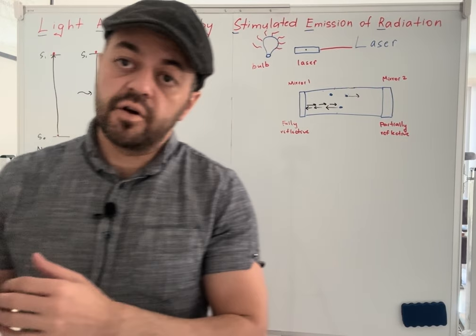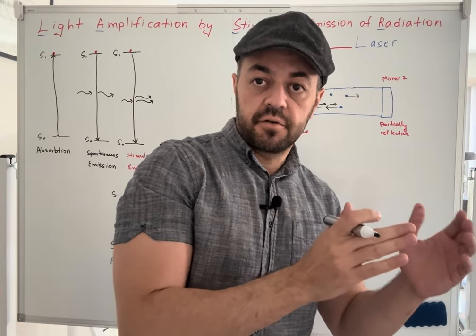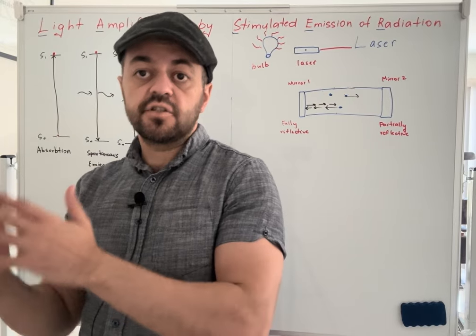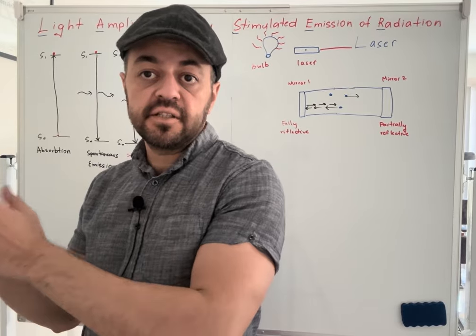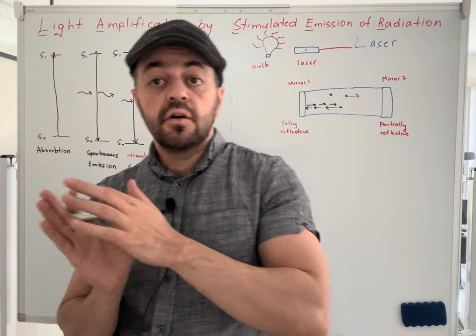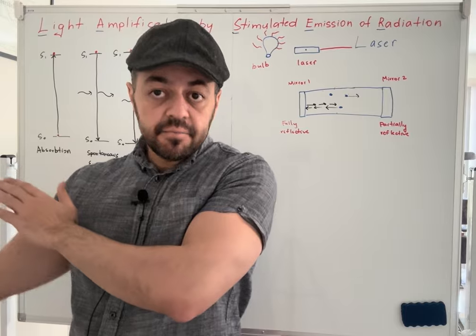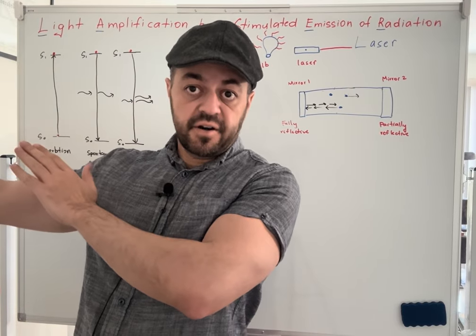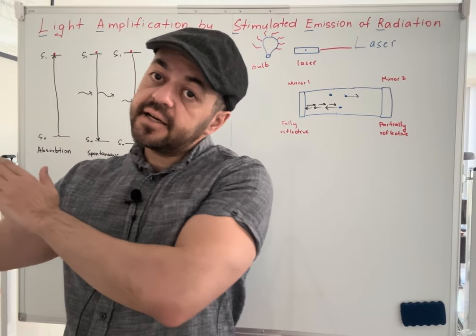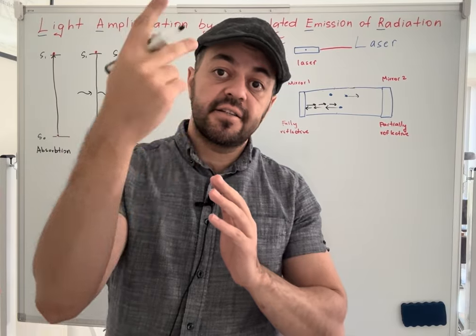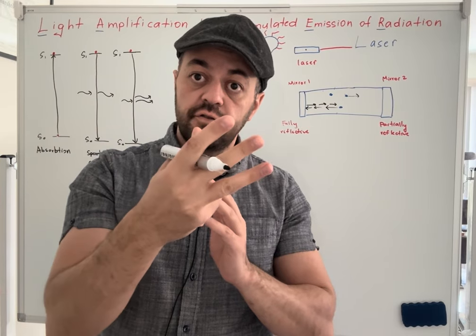It starts going, hitting the wall, which is a mirror, coming back, and exciting a molecule which is already excited, forcing it to release a second photon. It goes back in the other direction along the axis and hits the other mirror, the partially reflective mirror, and comes back and stimulates again, generating a second photon, or in our case, a third photon.